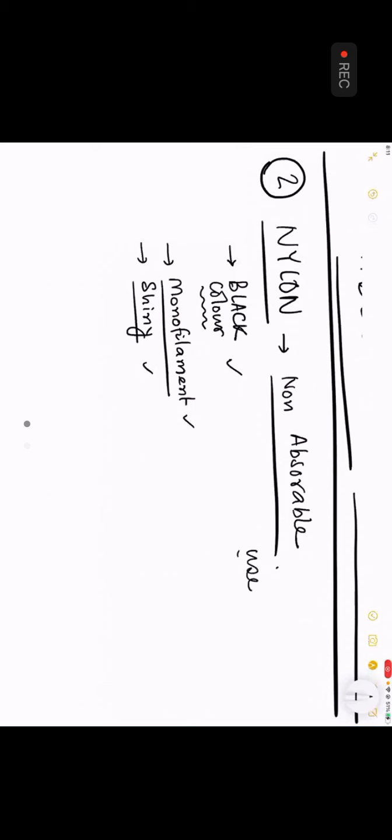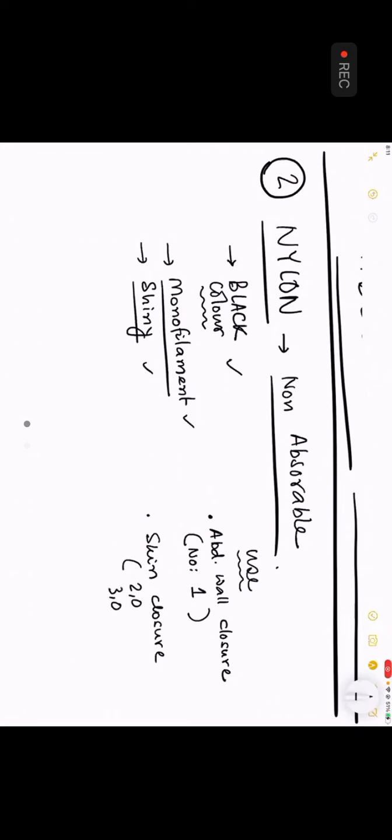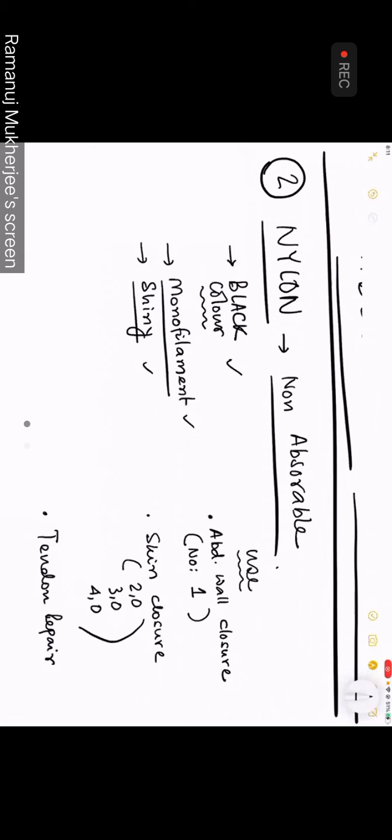The use of this one is abdominal wall closure, particularly number 1 suture, skin closure by 2-0, 3-0, 4-0 sutures, tendon repair by 4-0, and vascular repair by 5-0.